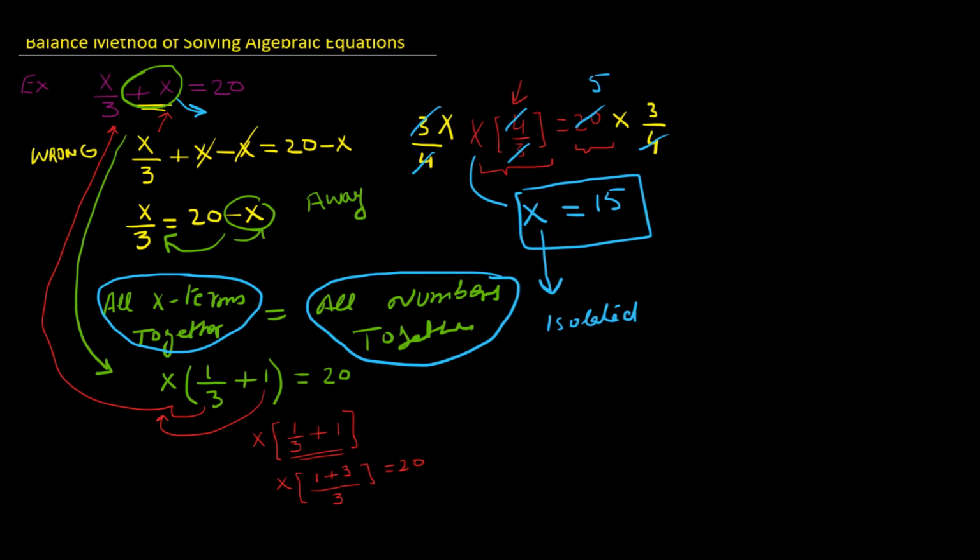When you want to combine all x terms, you have to take common. So this is your thinking process. How can I take all x terms on the left hand side? How can I take common? How can I combine numbers? How can I simplify fractions? All these will be coming again and again when you will be solving algebraic equations.